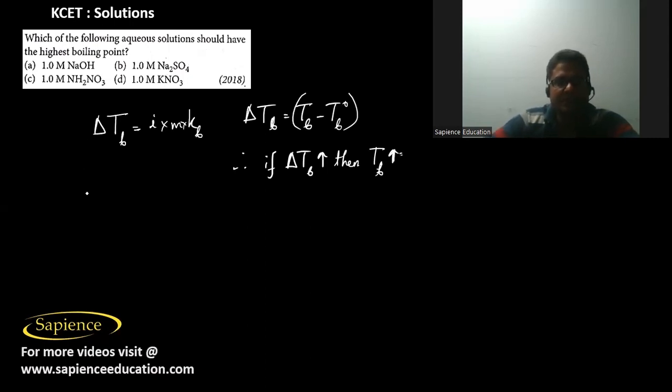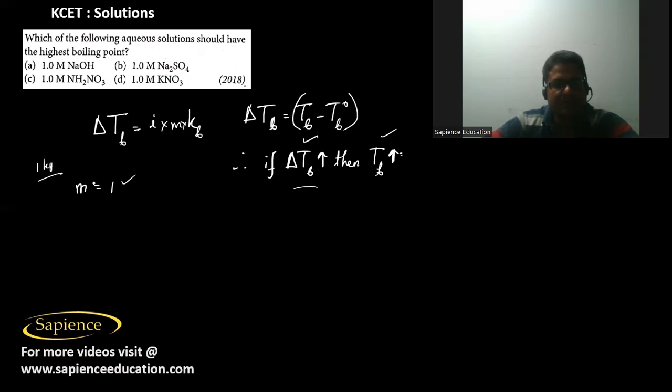So here we need to find which one has the highest boiling point. It means we need to find which one has the highest elevation in boiling point. Now the molality is the same. All have the concentration one only. Suppose we assume that the solvent taken is 1 kg only.